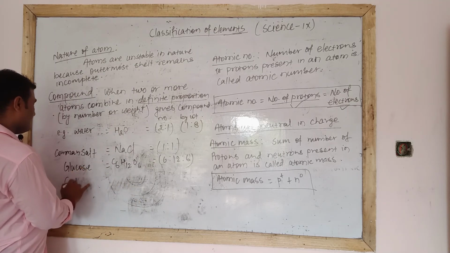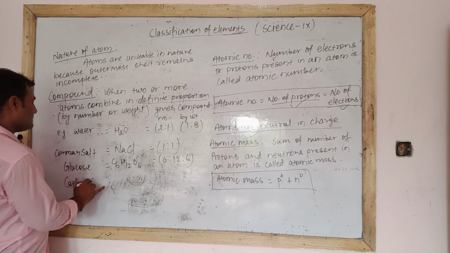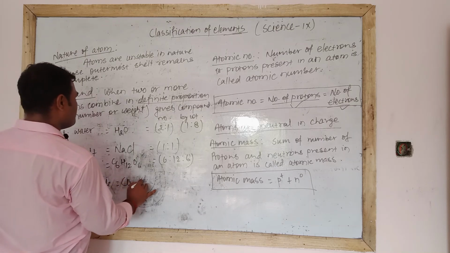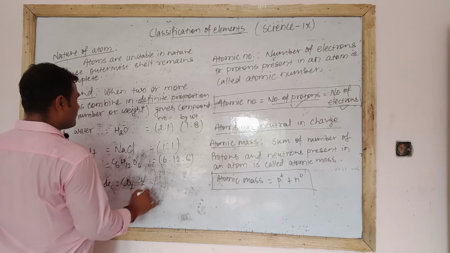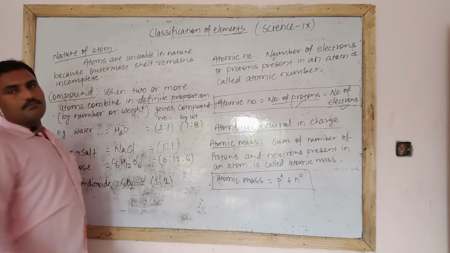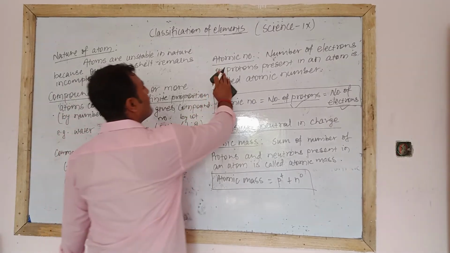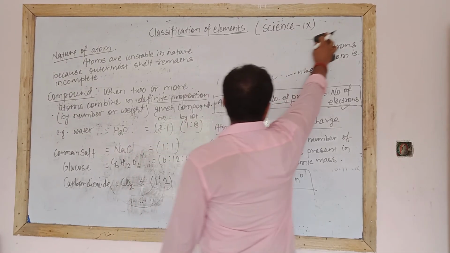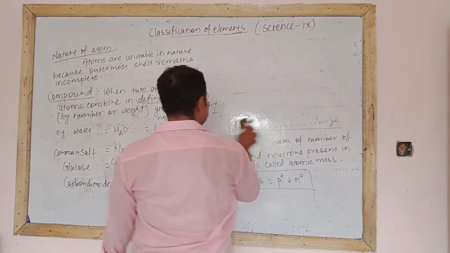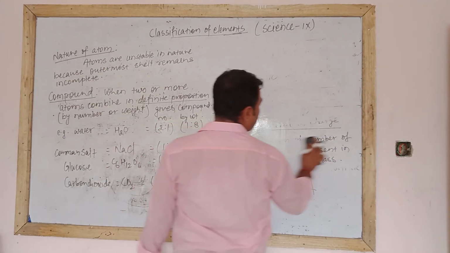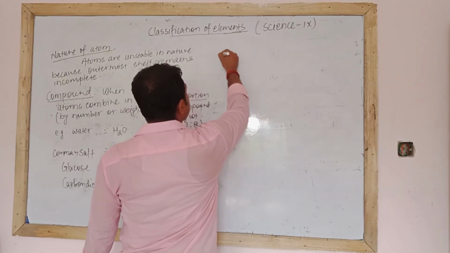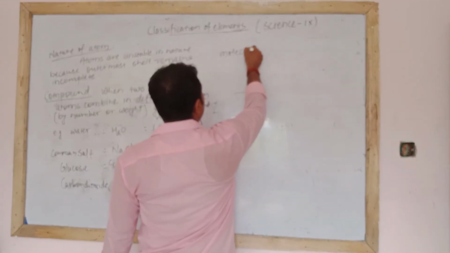As another example, carbon dioxide is a compound represented by CO2, where carbon and oxygen are present in a 1:2 ratio by number. Every compound is represented by a certain symbol, and that symbolic representation is known as the molecular formula. Compounds are represented by molecules.